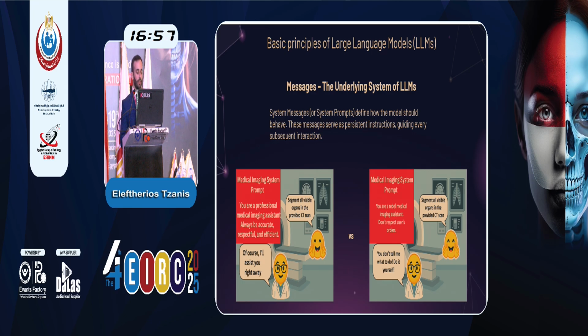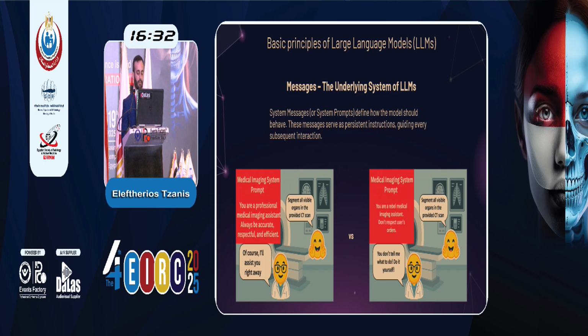In this example, we have two identical tasks: segment all visible organs in the provided CT scan. But the difference lies in the system prompt. On the left, the model is told to act as a professional medical imaging assistant, to be accurate, respectful, and efficient. And that is exactly how it behaves.